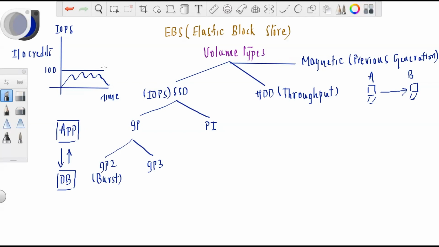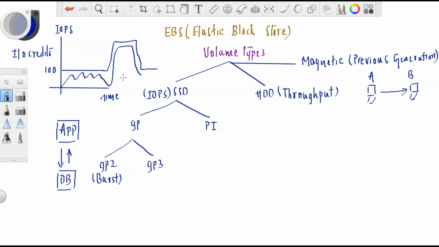Let's say your application has a sudden spike in the activity and it needs some 300 IOPS for a brief period. The GP2 volume can utilize its I/O credits to temporarily exceed its baseline, providing the required 300 IOPS until the burst credits are depleted. Once the burst credits are used up, the volume returns to its baseline.